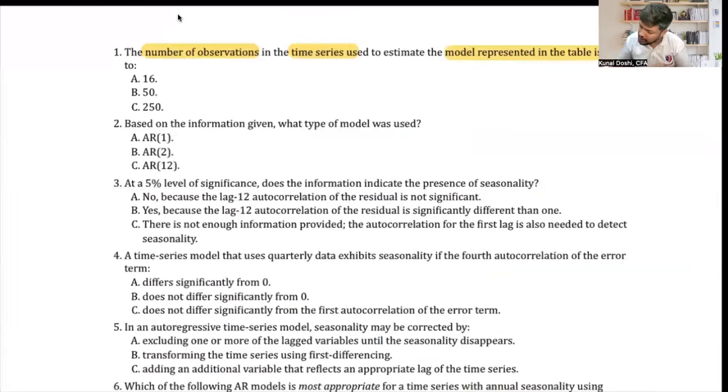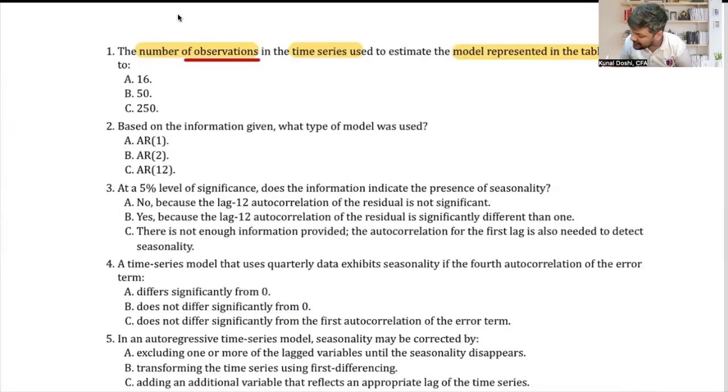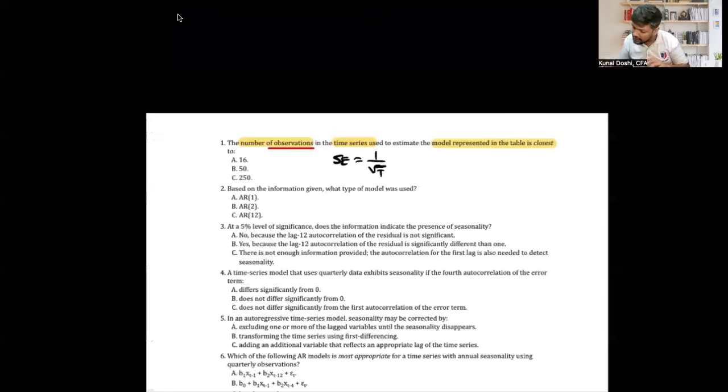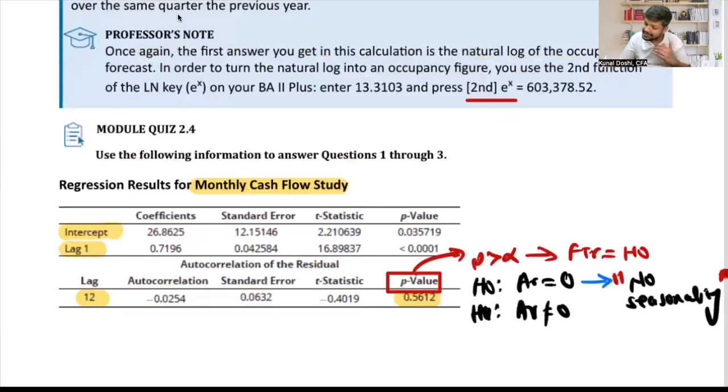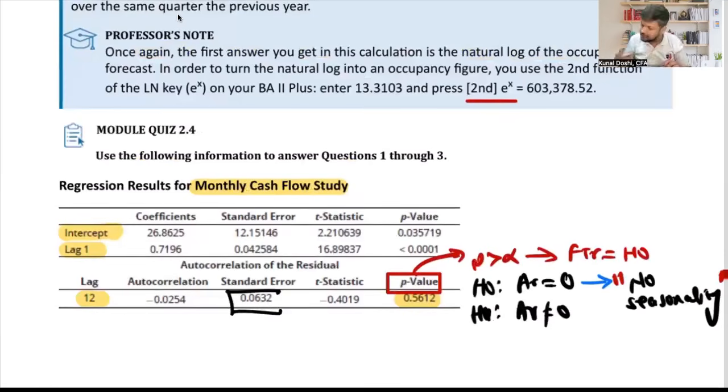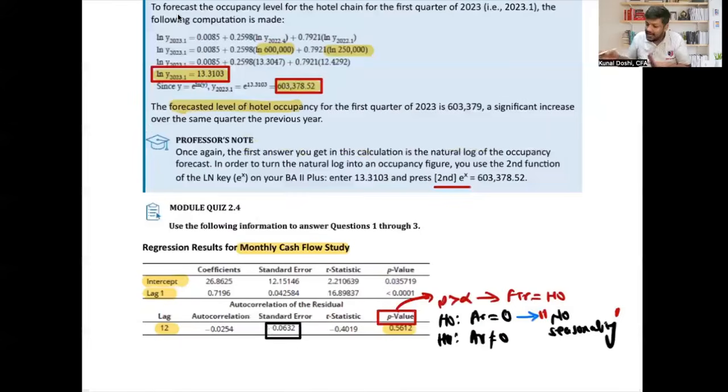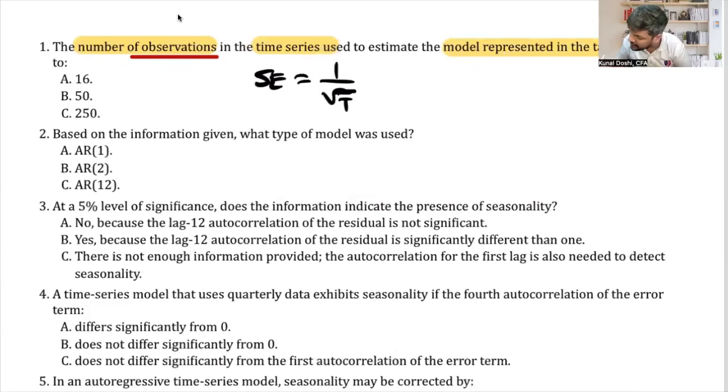Correct. So here, to find the number of observations, I know for a fact that the standard error was 1 over square root of T. Now, why am I doing this? Because if you carefully notice here, they've given me the standard error of the lag term. So I've got the standard error of the lag term. 0.0632, that is what my standard error is. And I don't know what the sample size is, right?